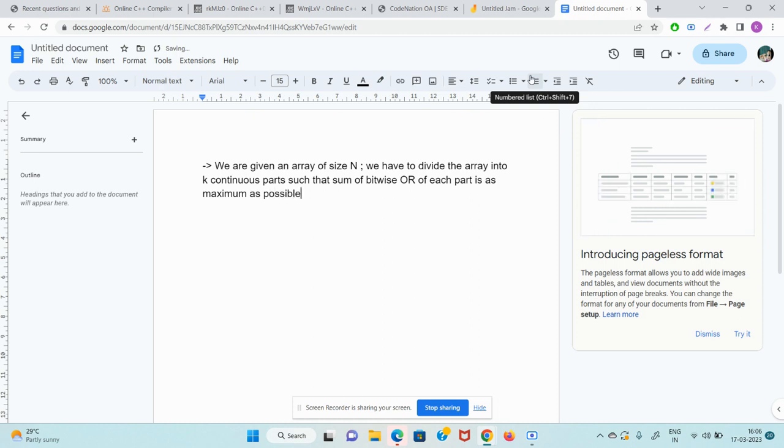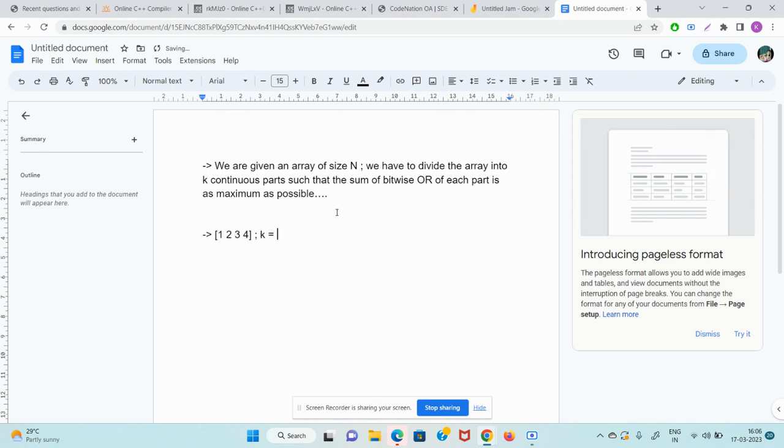We already saw the example that if we have 1, 2, 3, 4, and we have to divide it into two parts, then the answer is nothing but 10.